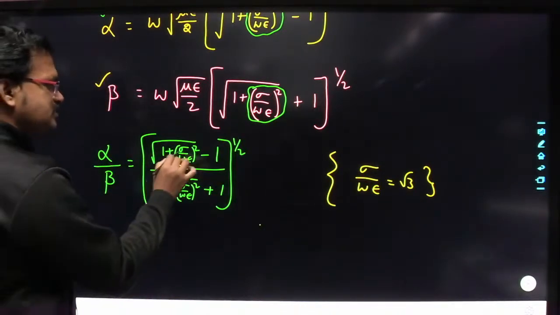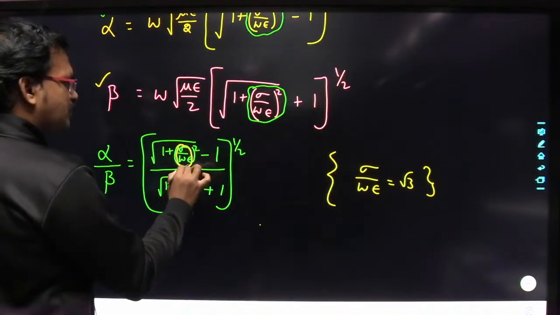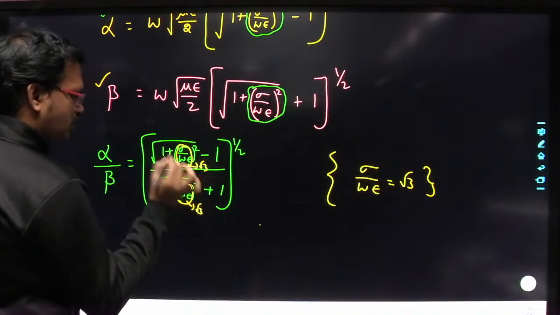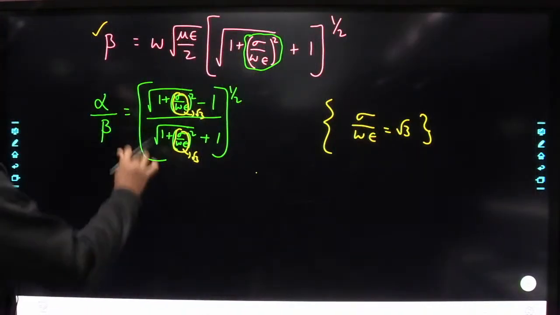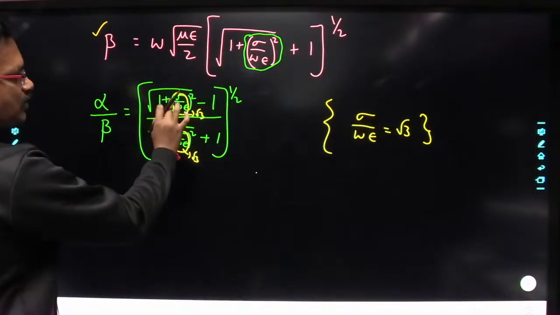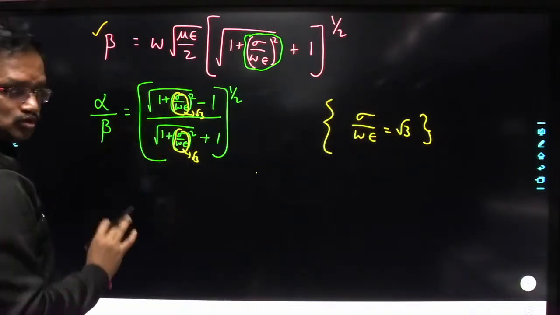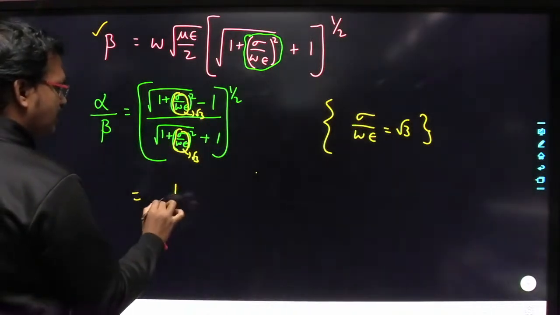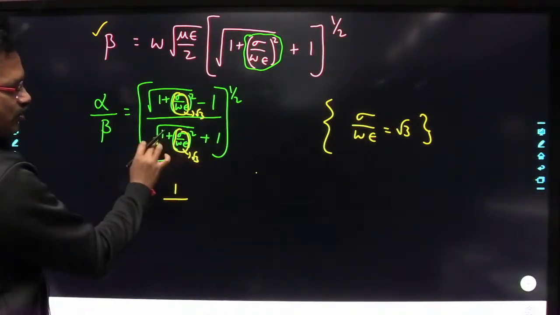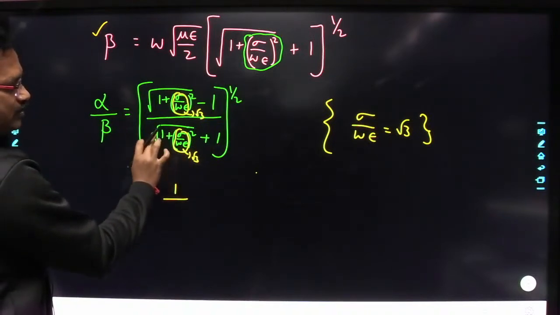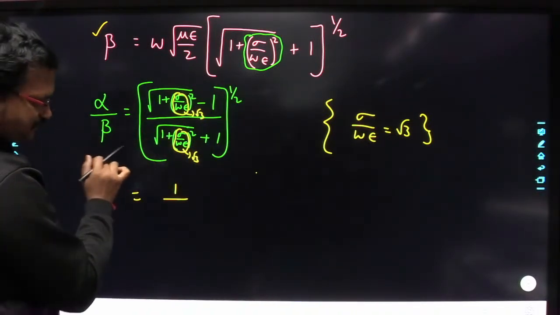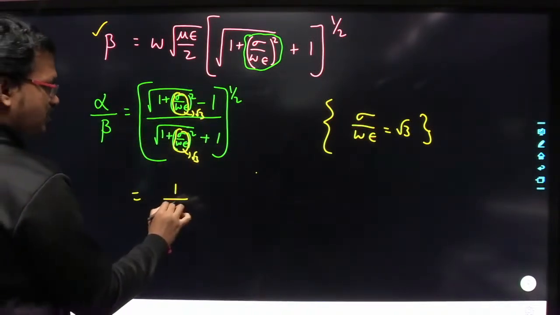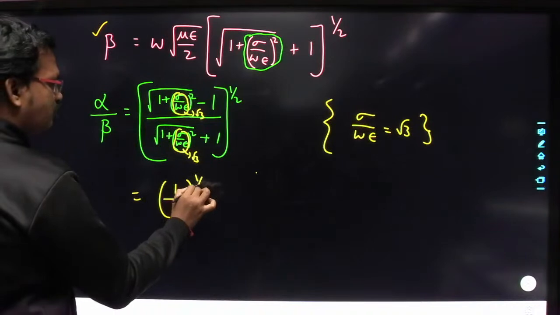So just substitute root 3 in place of sigma by omega epsilon. 1 plus root 3 whole square is 1 plus 3, that is root 4, which is 2. 2 minus 1 is 1, so the numerator is 1. In the denominator, 1 plus 3 is root 4, that is 2, and 2 plus 1 is 3. So 1 by 3, whole to the power of 1 by 2.